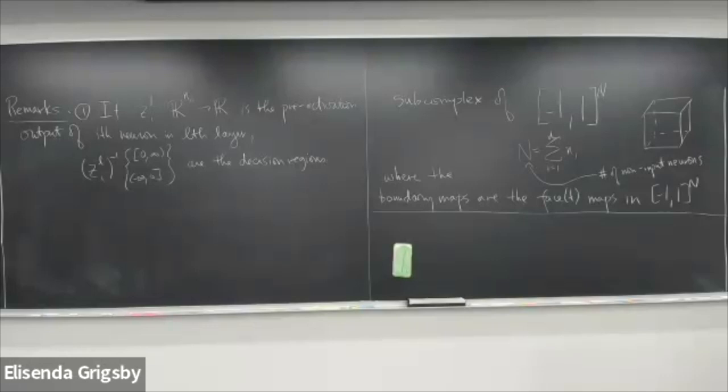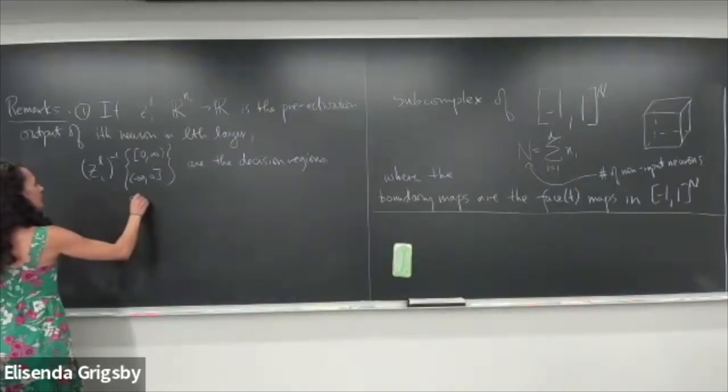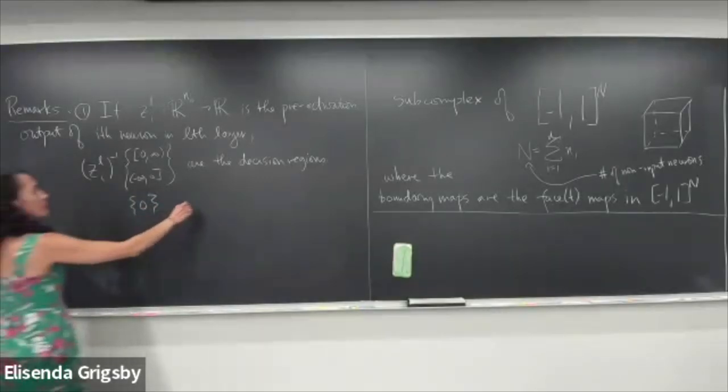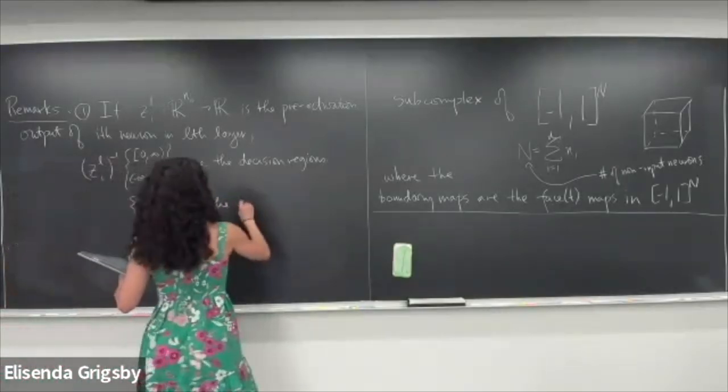It was precisely because of this. Somehow I should have formalized things to start with rather than being informal. Anyway, these are the decision regions, and the pre-image of 0 is the decision boundary.